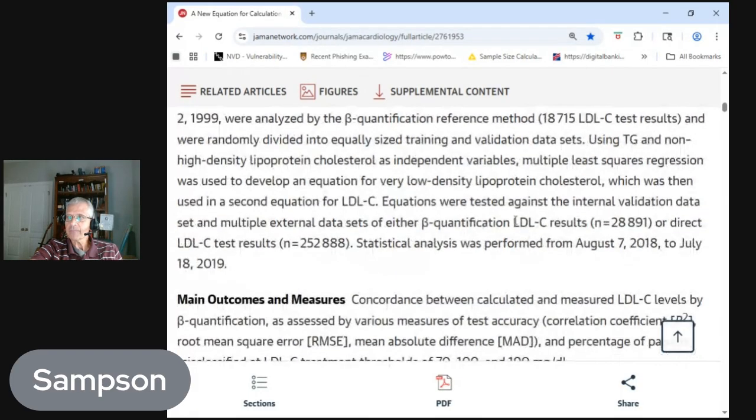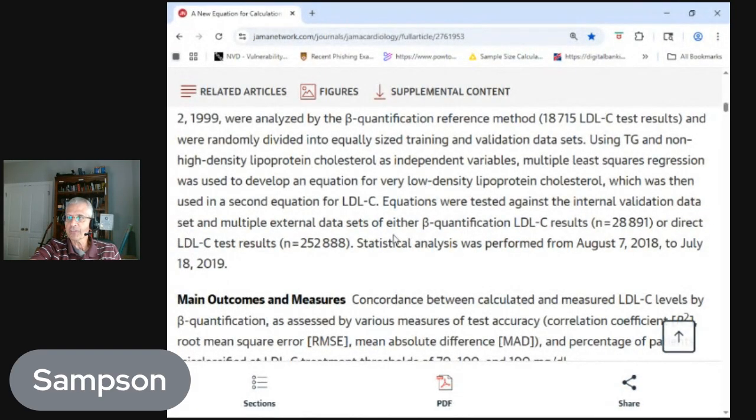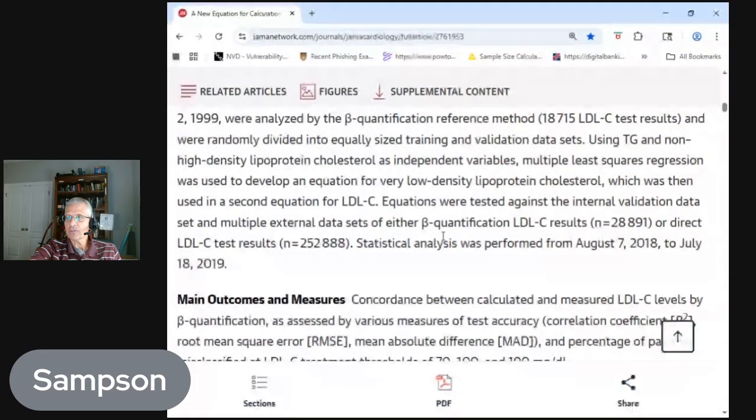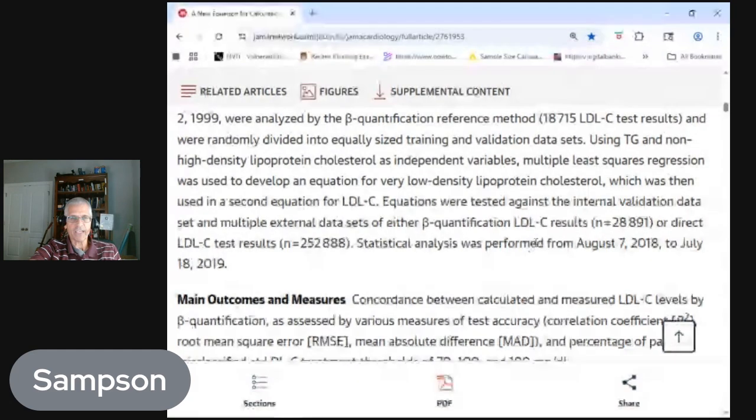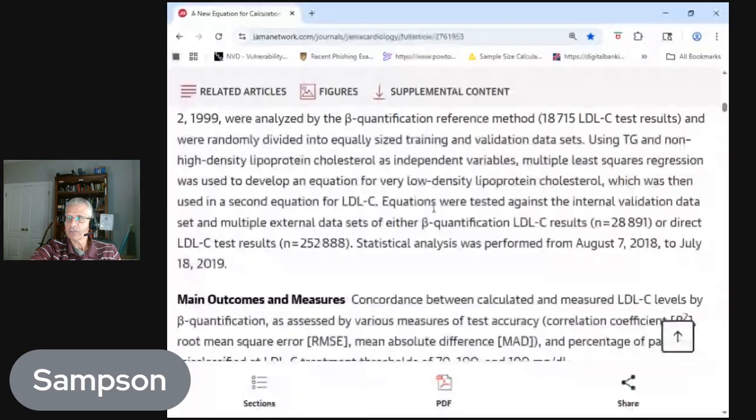The equation was tested against an internal validation data set and multiple external data sets of either beta quantification LDL-C results, N equals 28,000, or direct LDL-C results. I like this. Direct, not quantification, which is basically calculation, but direct results. And it was done 6 years ago.